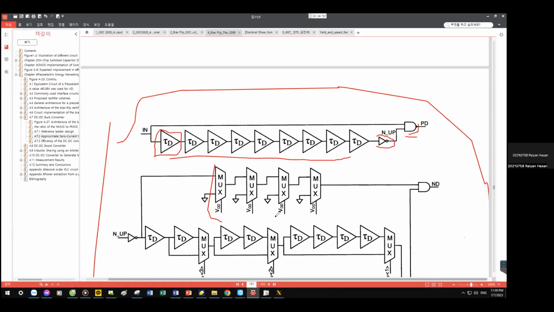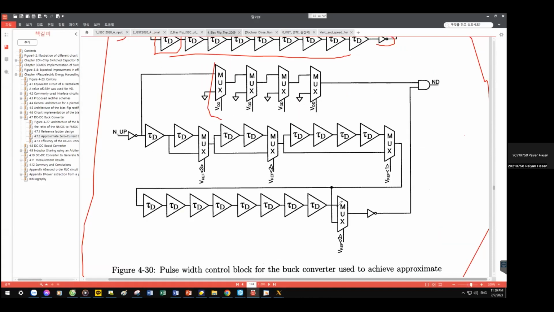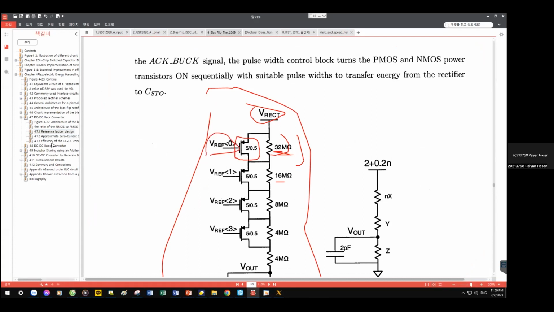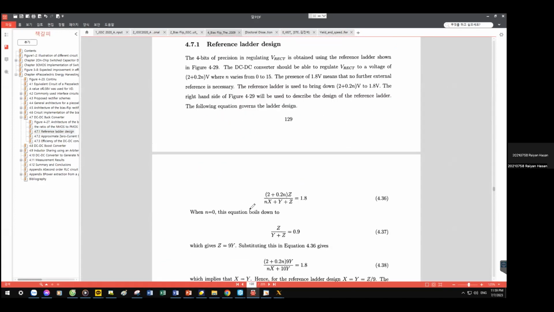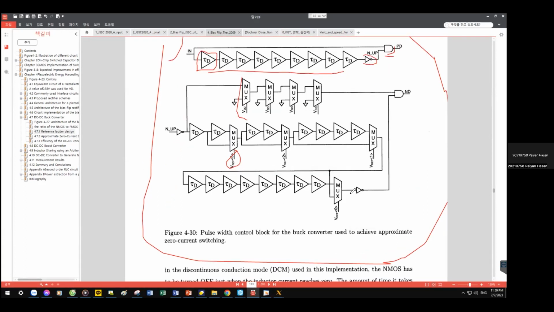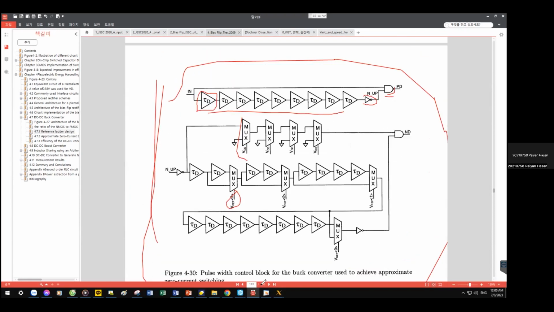And what is it? Reference is in the letter, right? Reference. Yes. It is this reference. Let's try to make this circuit and simulate it.